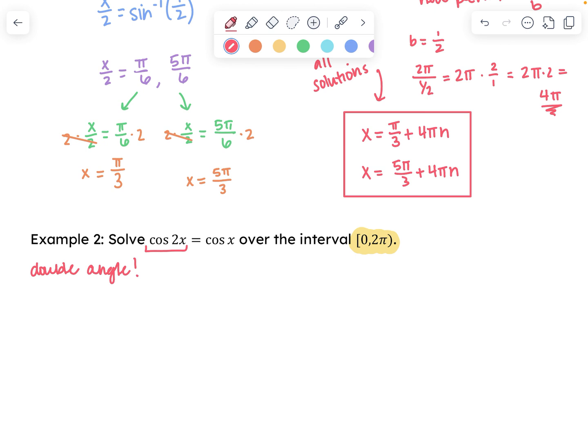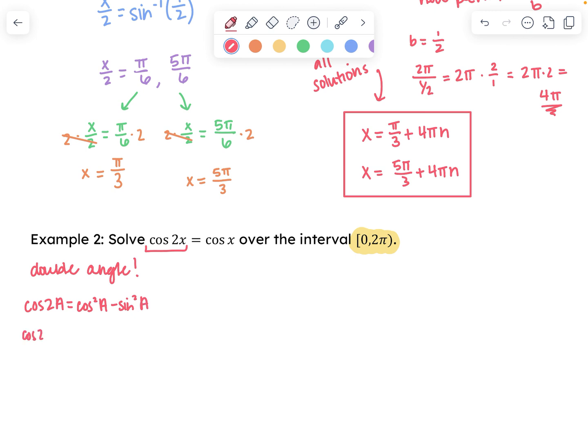If you remember your identities, the double angle cosine identity has the cosine squared of a minus the sine squared of a. So if I have cosine 2a, I could use that. Here, let me write it. Cosine of 2a is equal to cosine squared a minus sine squared a.